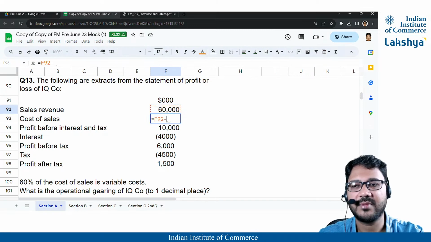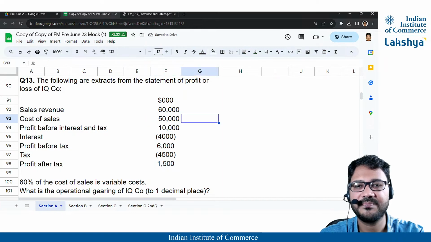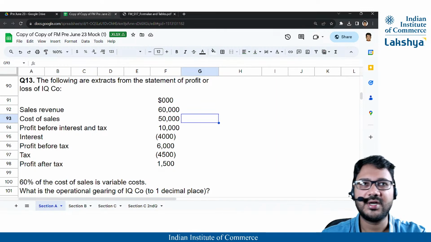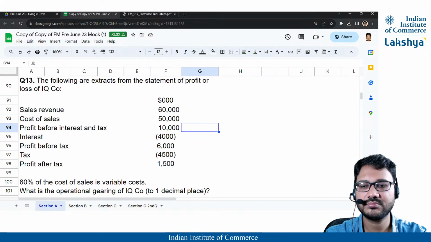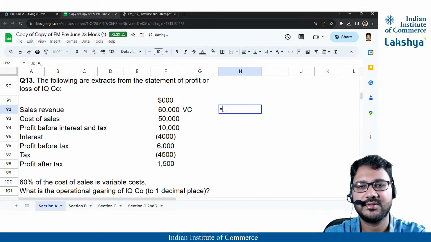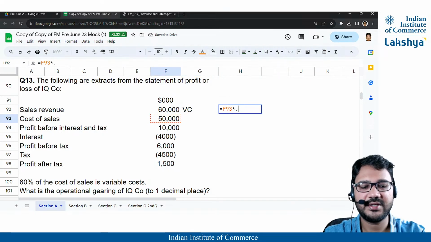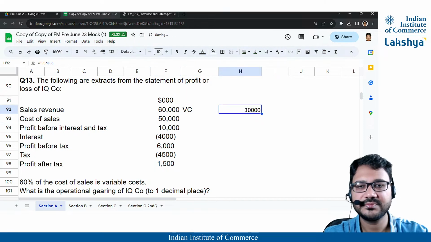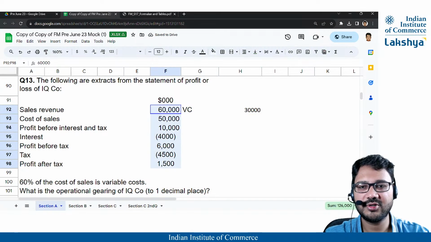Sales minus the profit before interest and tax is our cost of sales, and our variable cost will be 60% of this.